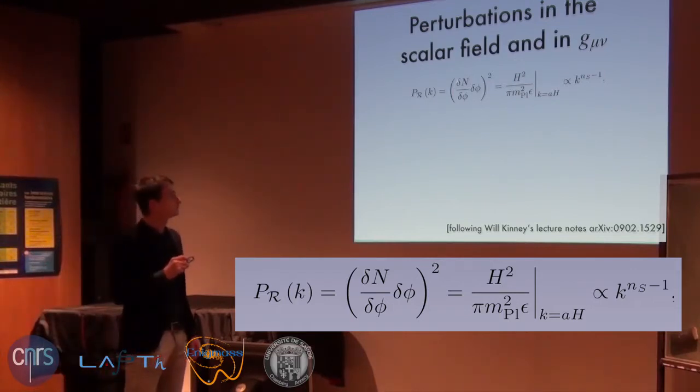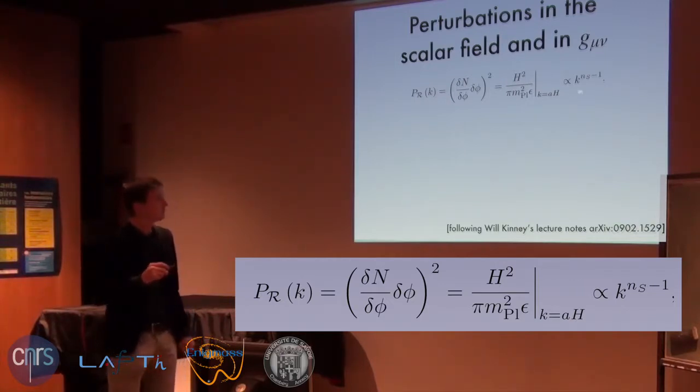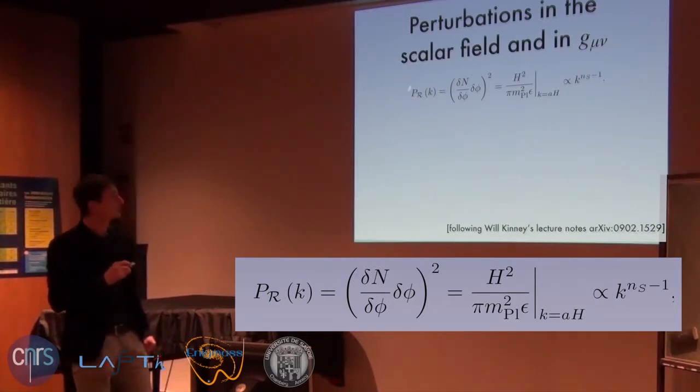And I will skip this term. It is related directly to the expansion rate during inflation, but divided by this thing epsilon, which I showed previously what it means. And it turns out that the answer is that your P of k is a power law, k to the power n_s minus 1.